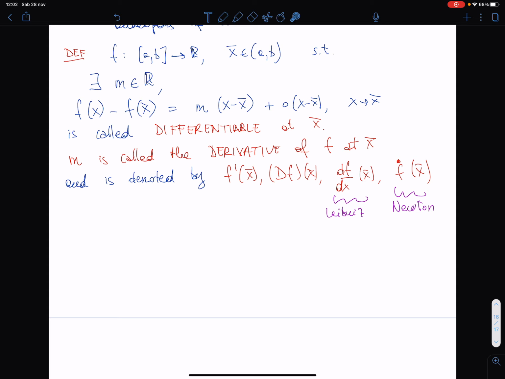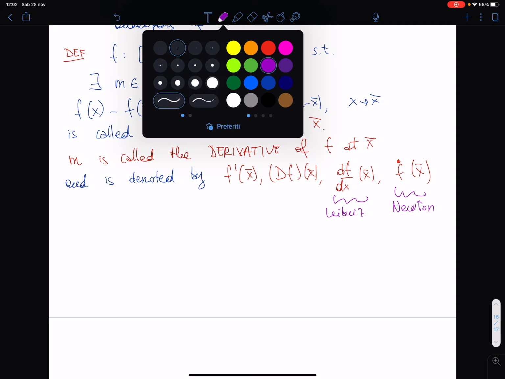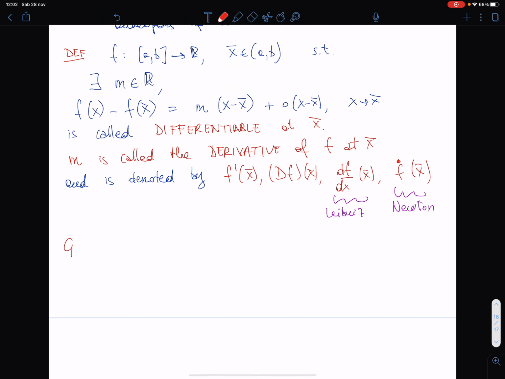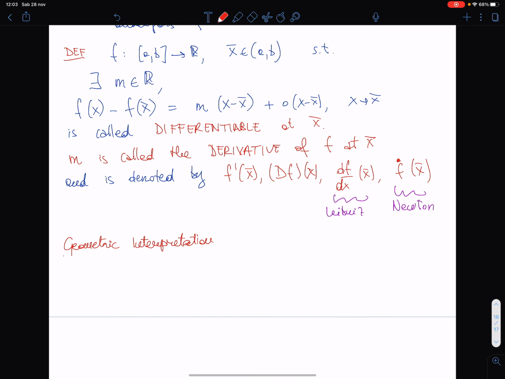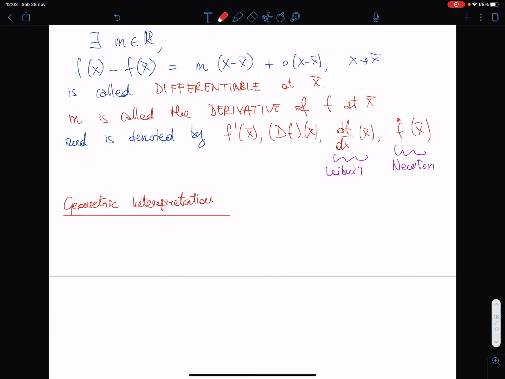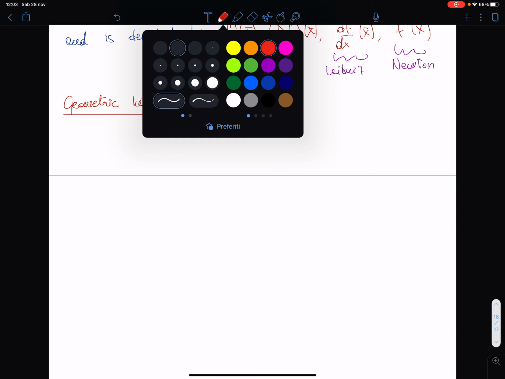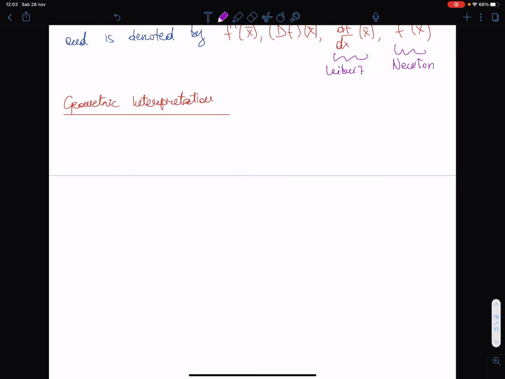now we give a geometric interpretation, which is very famous, and you all know this geometric interpretation. This is the usual picture that you can find in all books, and so you typically have this graph of a function.